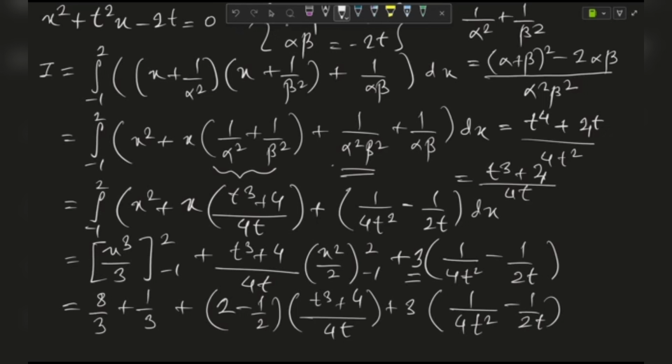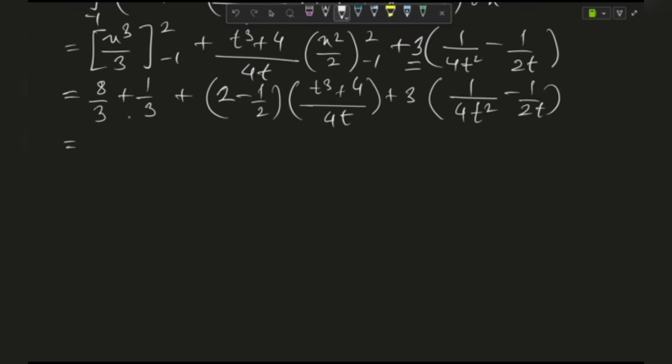Now I will manipulate this. So this basically comes out to be 9 by 3, which is only 3. 2 minus 1 is 3 by 2, and this thing is, I guess, (t cube plus 4) by 4t.